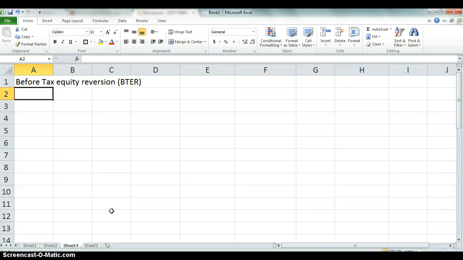Hello, so now we're going to continue to calculate more important data for our decision. First, we're going to calculate our before tax equity reversion.